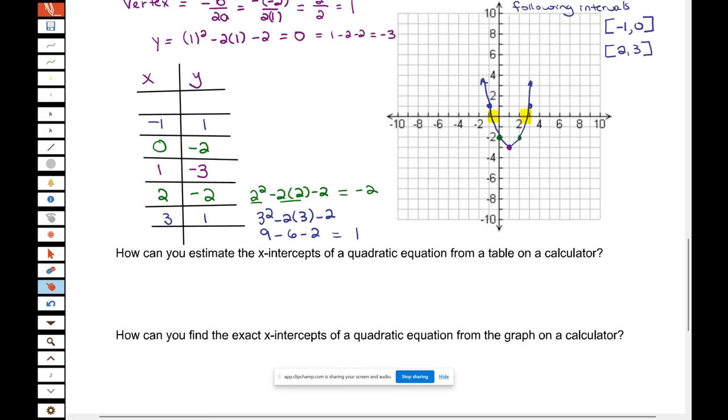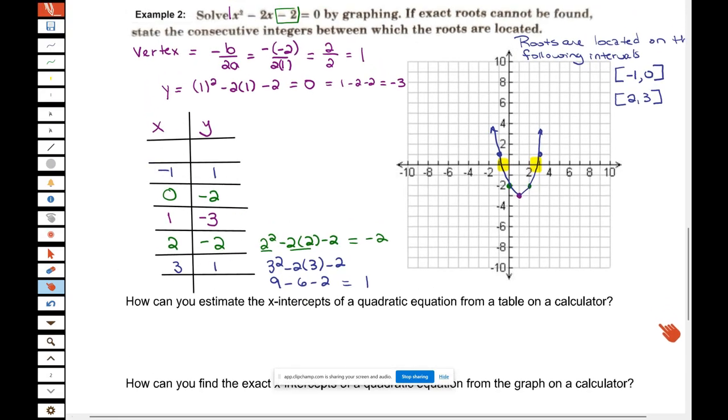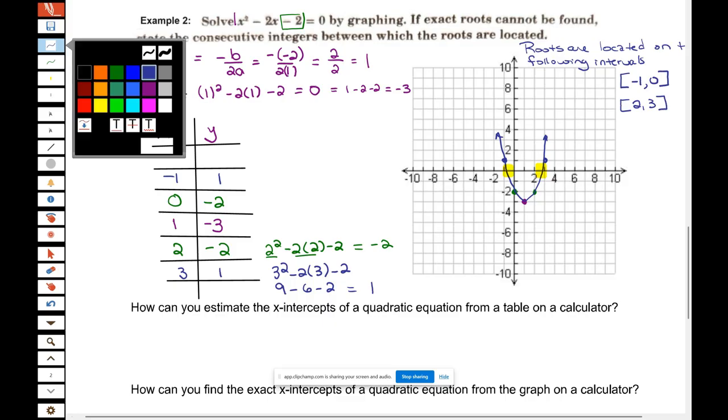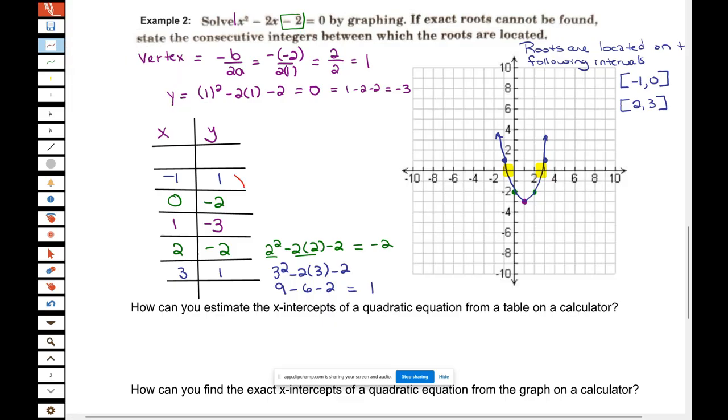Now it says, how can you estimate the x-intercepts of a quadratic equation from a table on a calculator? Well, I kind of have a table right here. One of the things you can notice is we said the first interval was -1 to 0 in terms of x. You always put intervals in terms of x. But you see how there's a sign change right here? That's how you can tell that it's going from being below the x-axis to being above.